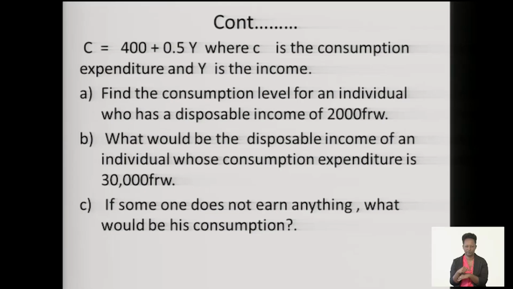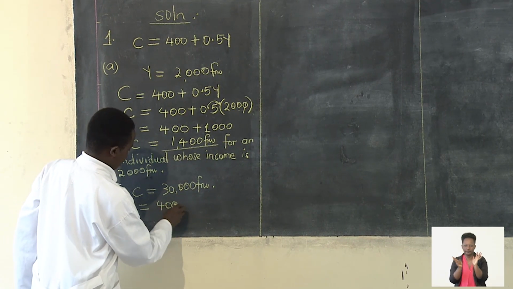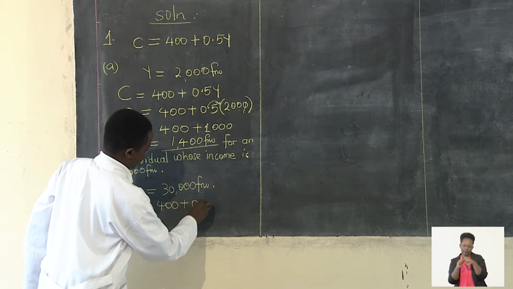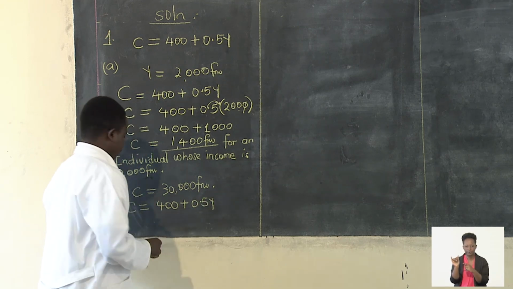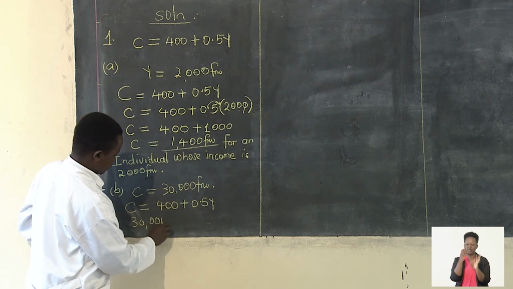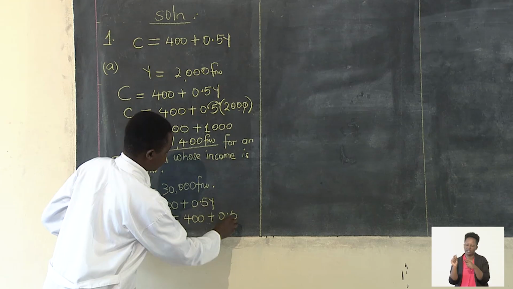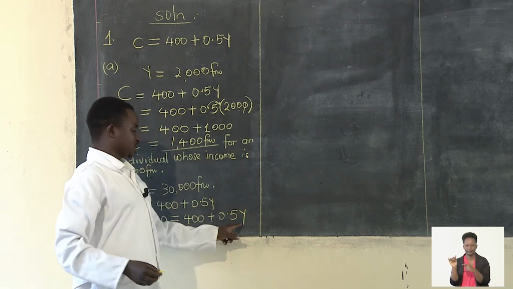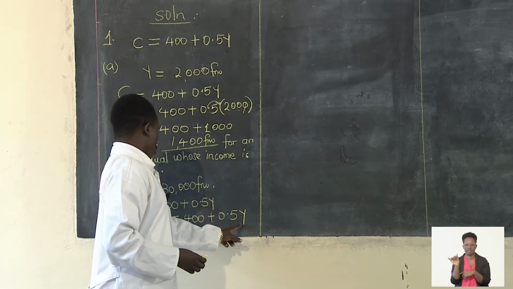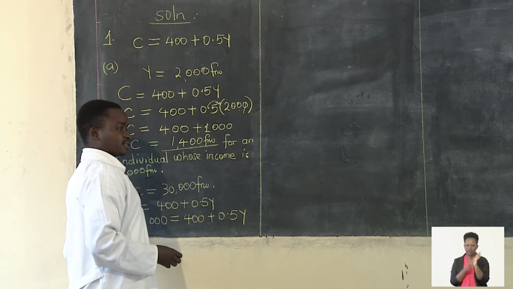From this linear equation given to you, where C, consumption expenditure, is 400 plus 0.5 income, in this case our consumption expenditure is 30,000, which is equal to 400 plus 0.5Y. So we need the disposable income of this person whose consumption expenditure is 30,000.